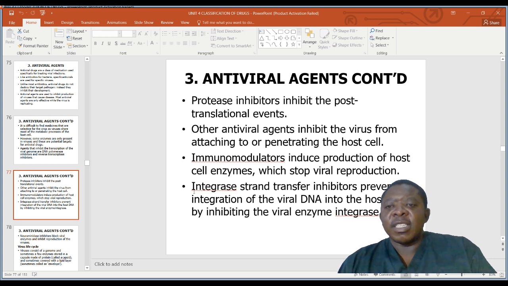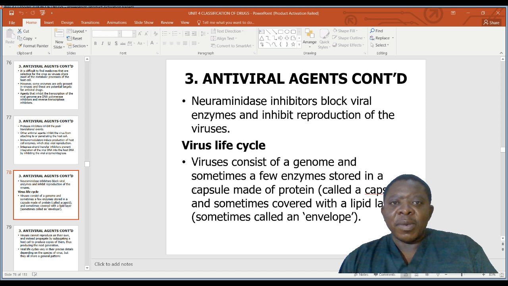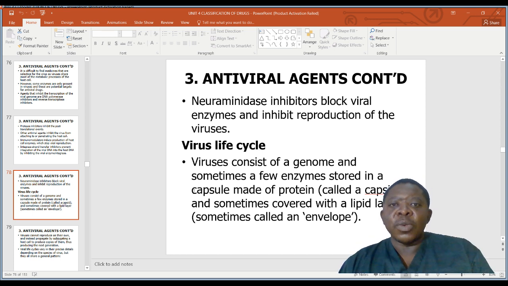Immunomodulators induce a production of host cell enzymes, which stop viral reproduction. Integrase strand transfer inhibitors prevent integration of viral DNA into the host DNA by inhibiting the viral enzyme integrase. Neuraminidase inhibitors block viral enzymes and inhibit production of viruses.